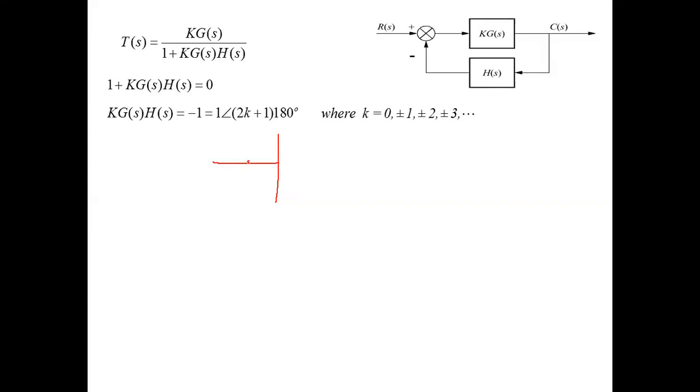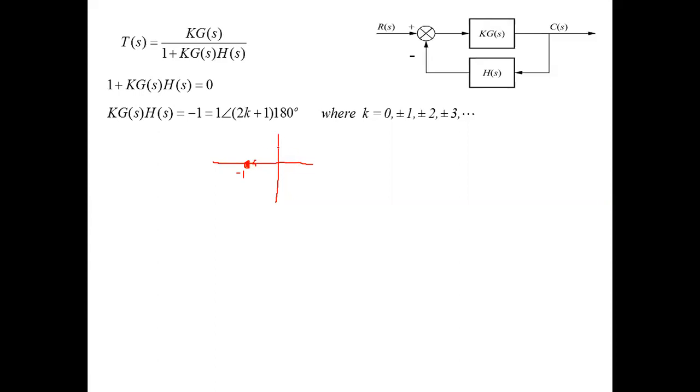At this point we have -1. The magnitude from the origin to here, this vector, is 1, and the angle from here to here will be equal to 180, and if we change the direction, the angle will be -180.